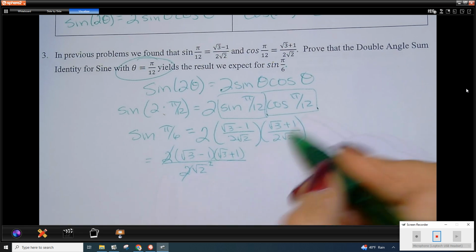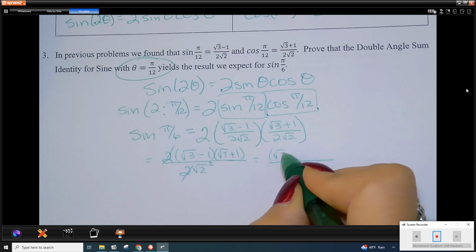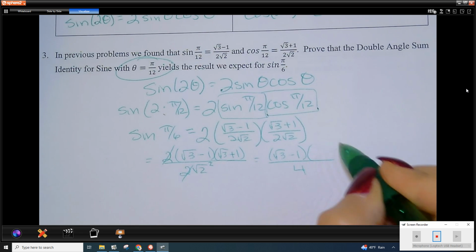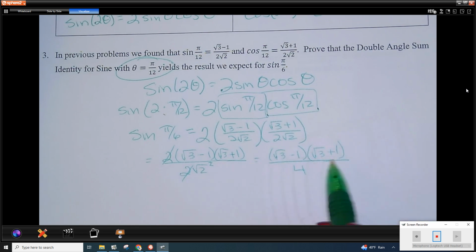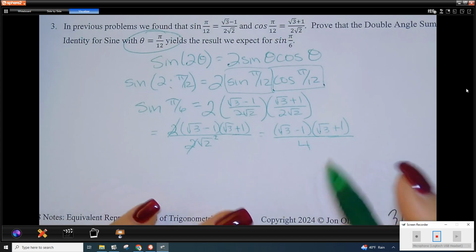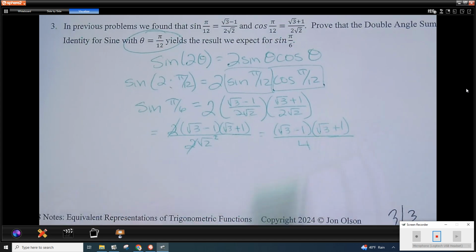So you get 4. Now, in the numerator, you get difference of squares. When you multiply and you have a plus and a minus, and they're the exact same thing, the middles drop out, like with a quadratic.